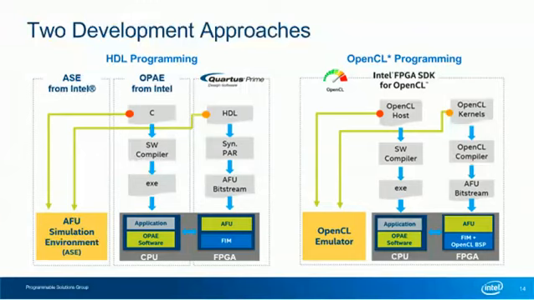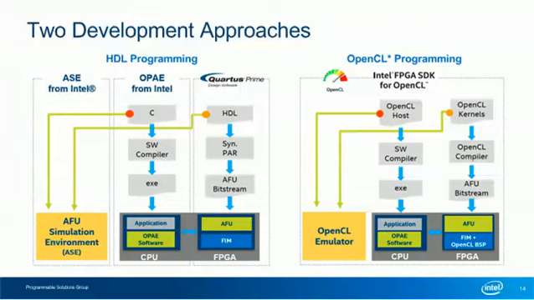To facilitate functional verification, Intel provides the AFU Simulation Environment, or ASE, which is the environment which lets you functionally simulate the accelerator function RTL with the same application code you will run on the actual FPGA hardware without the FPGA being present. This flow allows the utmost customization and utilization of the FPGA.